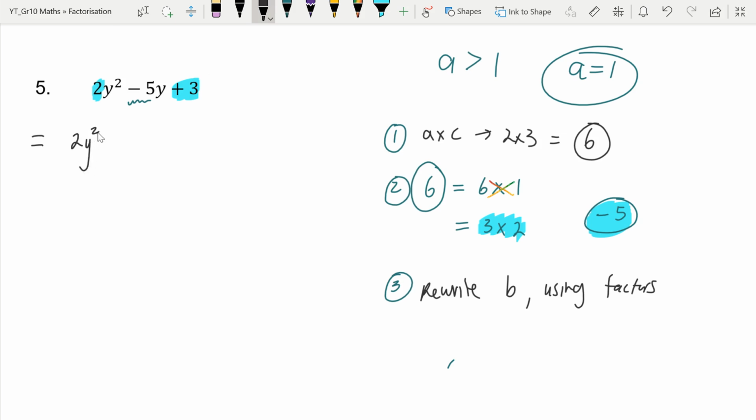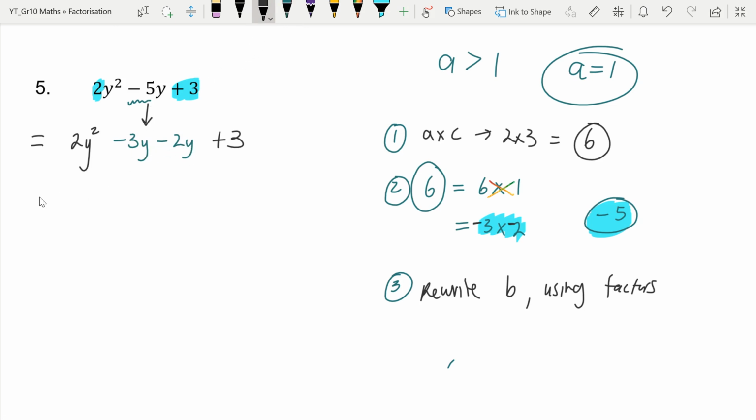We've got 2y squared and we've got plus 3. We are going to rewrite the -5y with the correct factors that we just found, which were -2 and -3. So I'm replacing the -5y with -3y and take 2 more y's away. We're not changing the sum, we're literally replacing that.